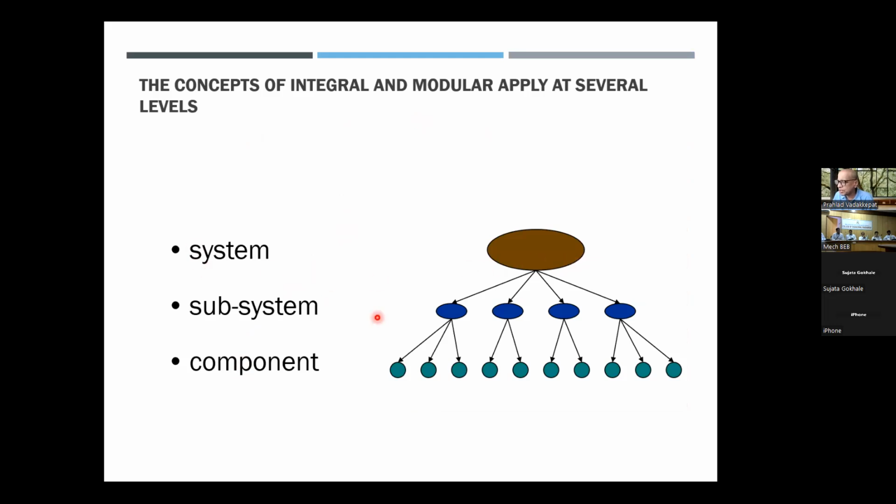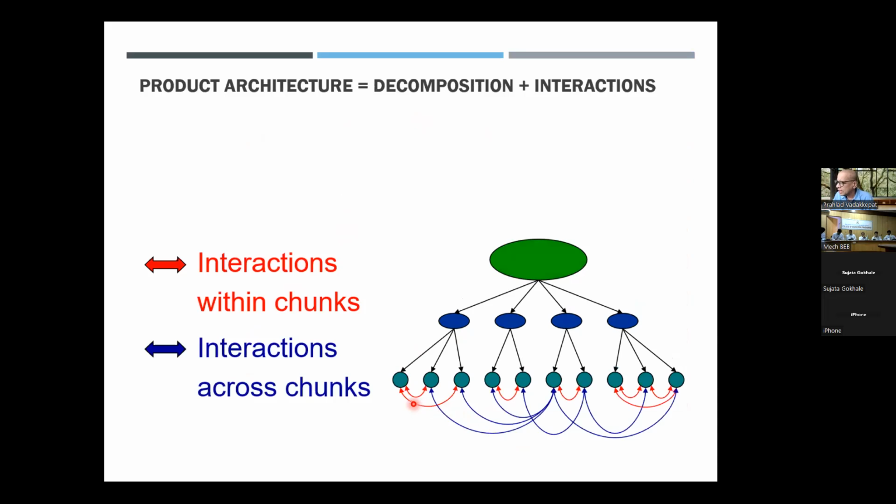Again, at system, subsystem, and component level, you have to understand the hierarchy and see how the interactions are within chunks. This is one chunk, second chunk, third, fourth, and components within one chunk, and within the chunks or across the chunks, we have to really understand.